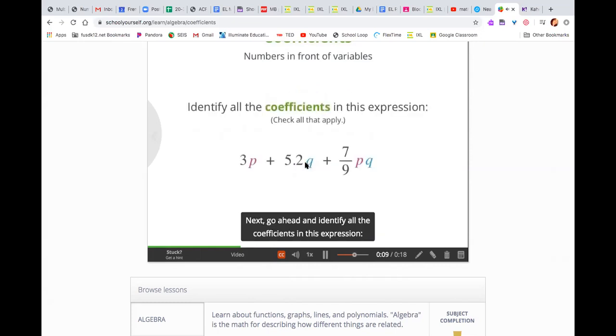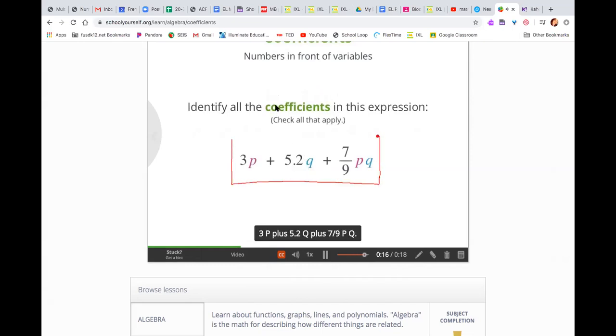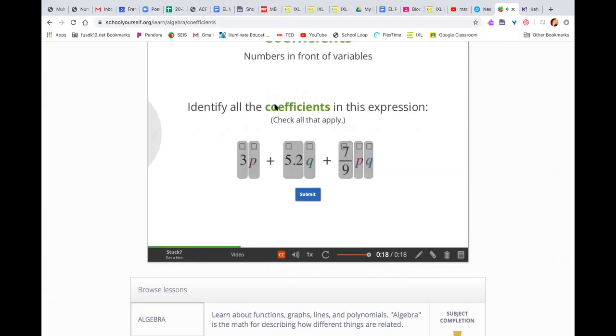Next, go ahead and identify all the coefficients in this expression. 3p plus 5.2q plus 7/9 pq. Okay, so I have to check the box if it is a coefficient. Is 3 a coefficient? Yeah.